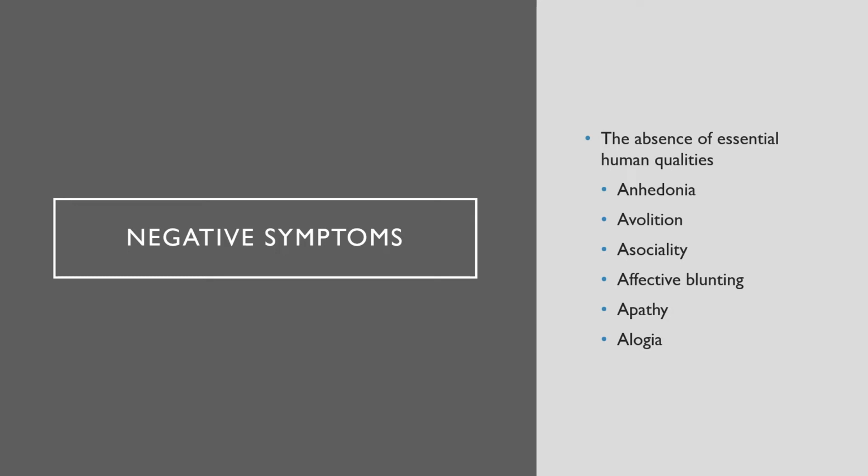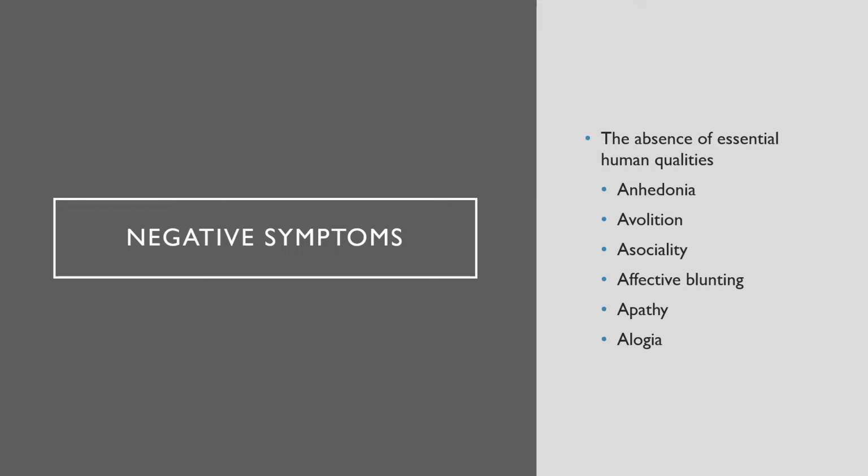Negative symptoms are a serious problem because they involve the absence of an essential human quality. Negative symptoms are more difficult to treat than the positive ones. And remember, if you can think about negative symptoms, they include 6 symptoms that all start with the letter A.